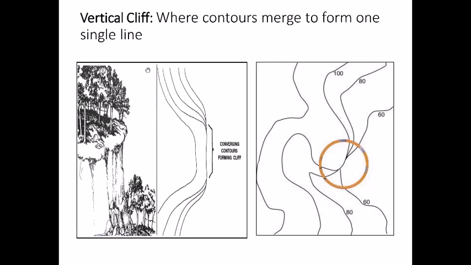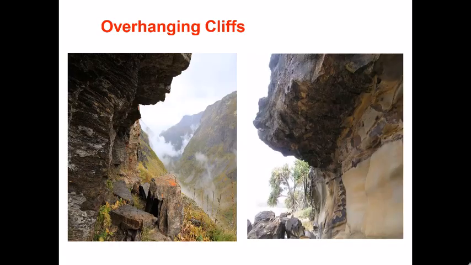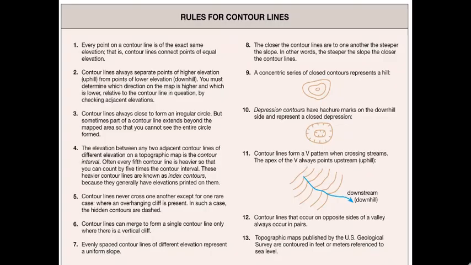In this case, we have contour lines of different elevations coming together, and at this junction, they form one line. Whenever you see something like this, that means it is a vertical cliff. And the other condition is that when they intersect, that is an overhanging cliff. So these are just two rare examples. Otherwise, the rules that we have said before all apply.